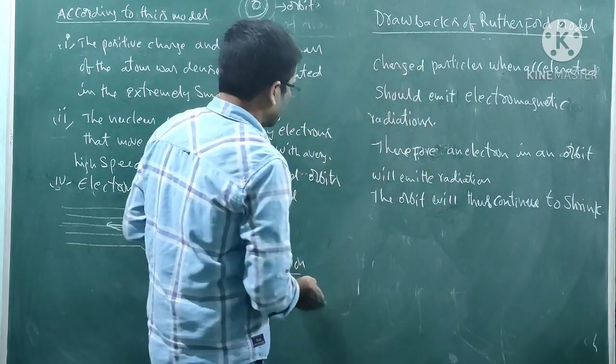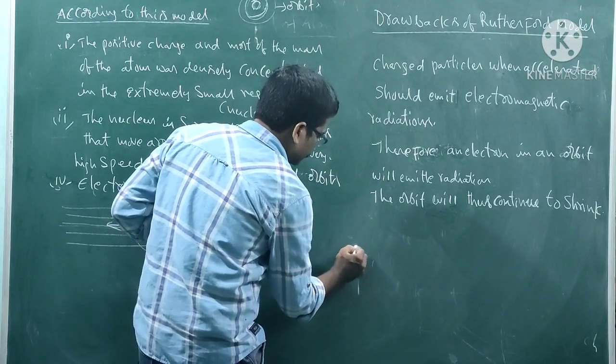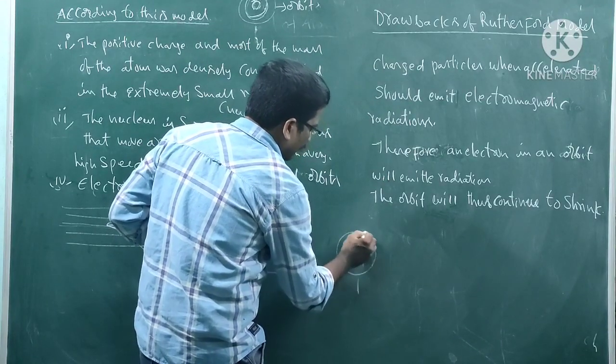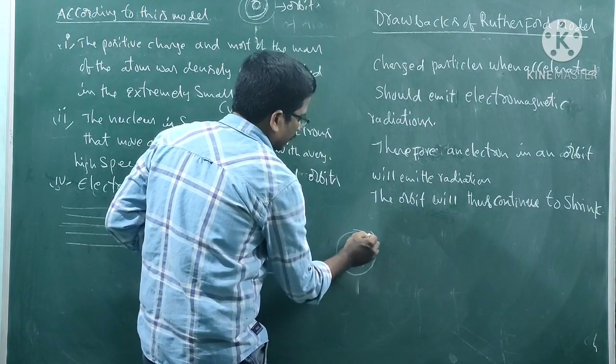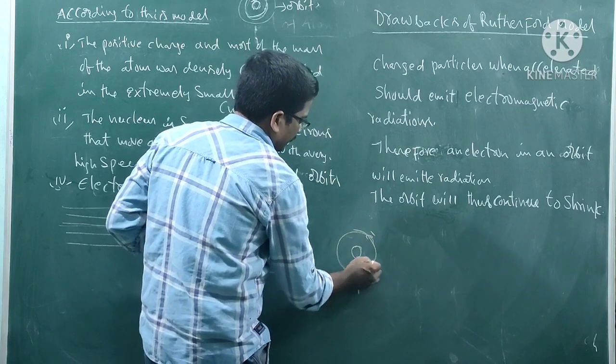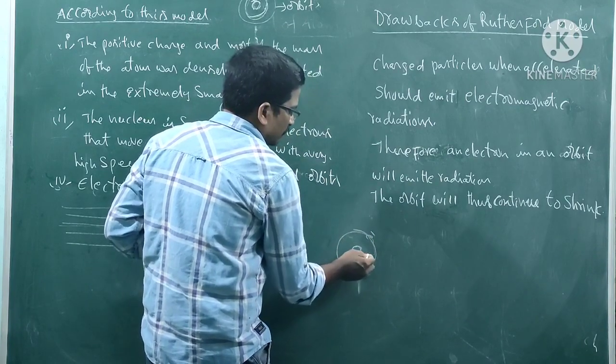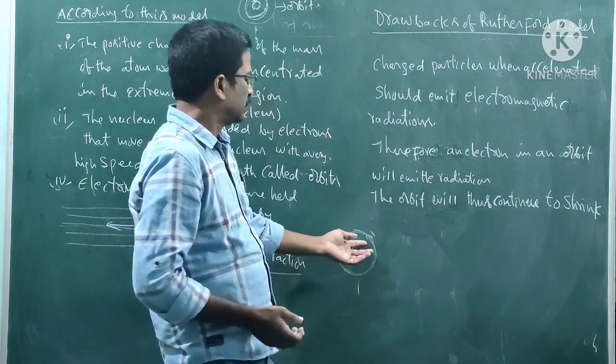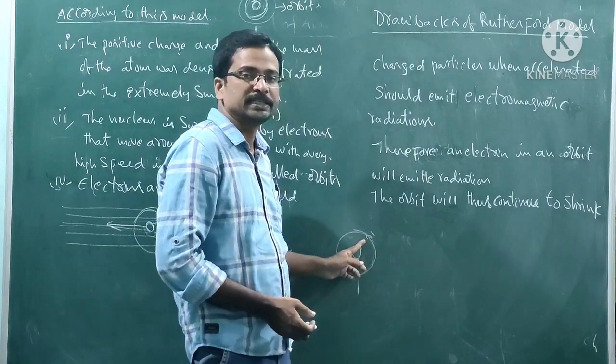any particular object which is revolving, accelerated, like electron-like particles accelerated around the nucleus, should lose energy.